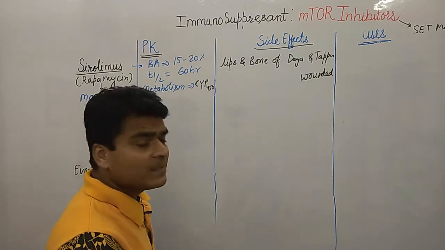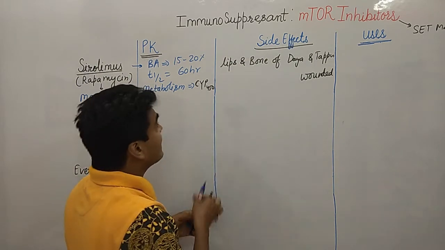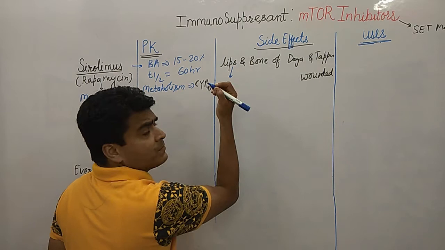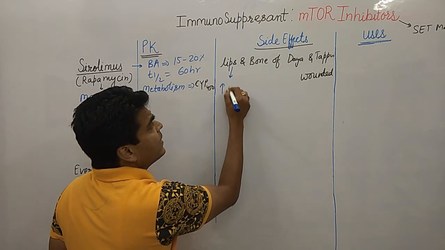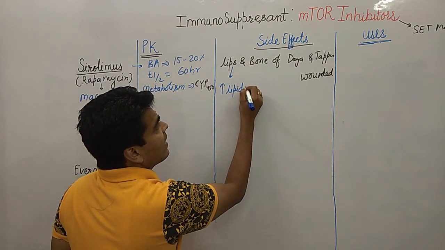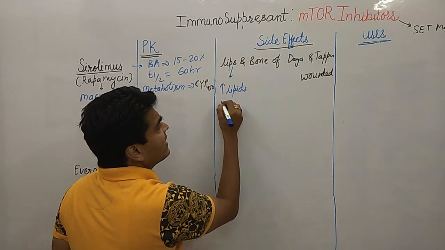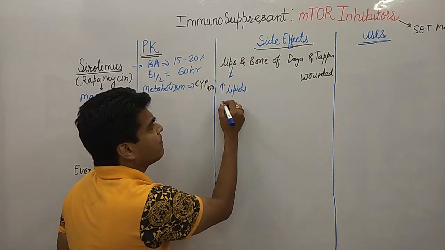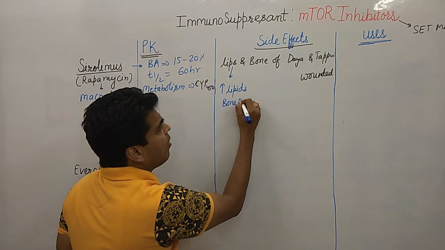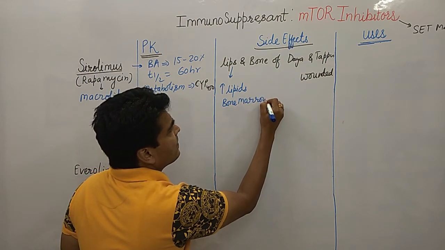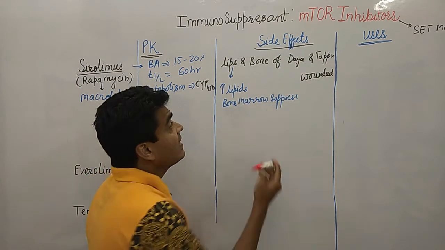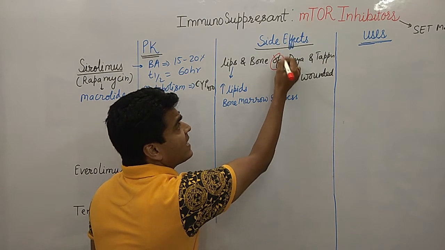So what does it mean? Lips means it increases lipids, and bone means it causes bone marrow suppression. Of doesn't mean anything.